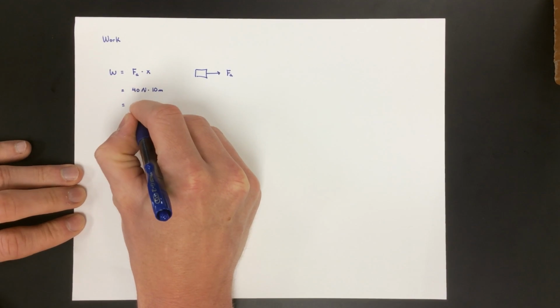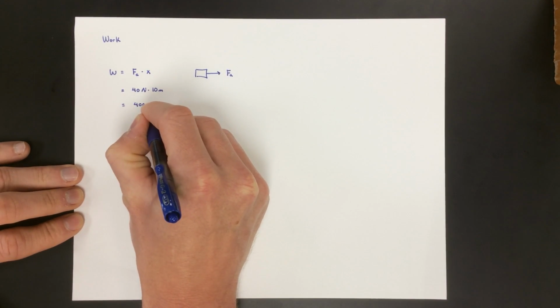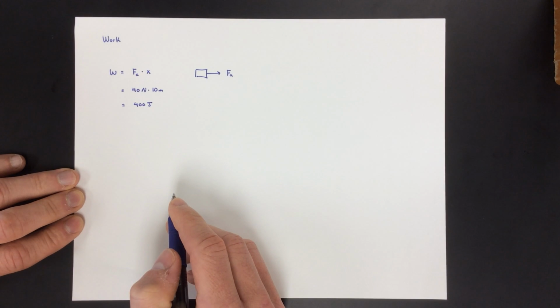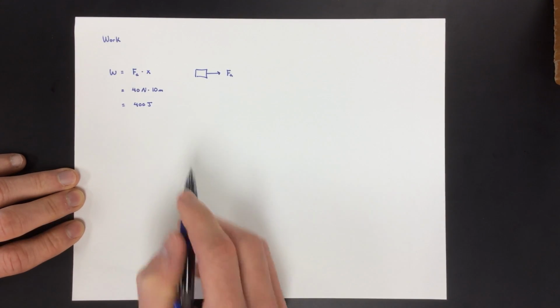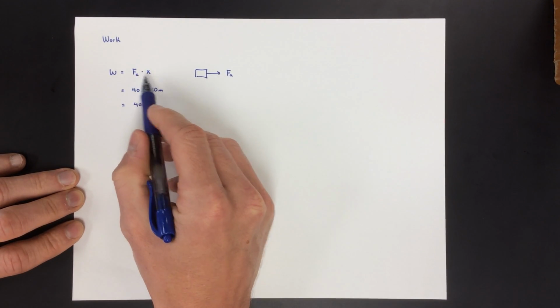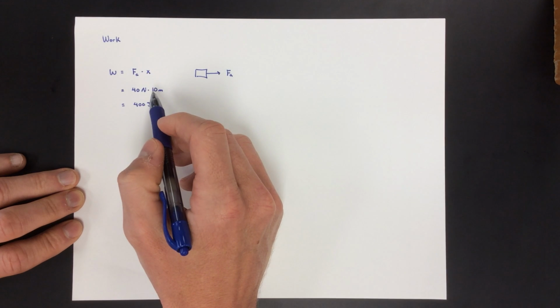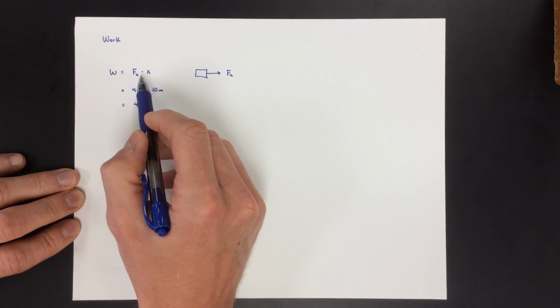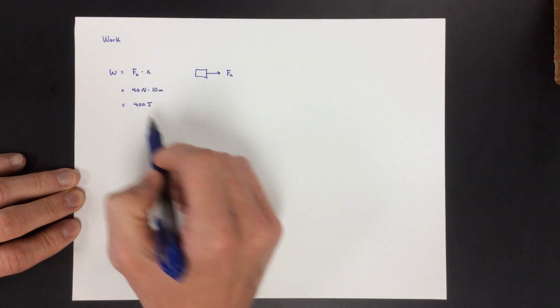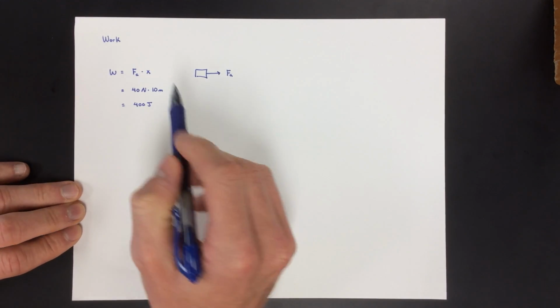You would then do 400 joules of work. Again, this is some constant force over a distance, and really this is a displacement because these are vector quantities, and eventually this work is a dot product between those things, but let's just stay in one dimension for now.